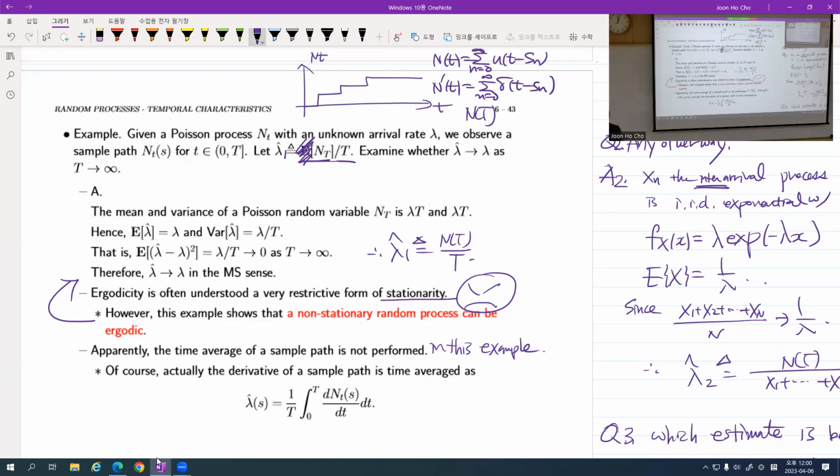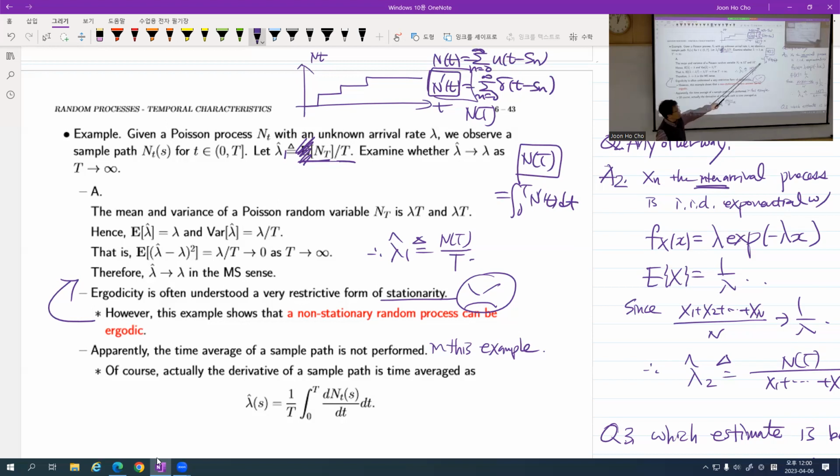So N of t can actually be written as the integration of N prime of t. If you integrate N prime of t, then you have N of t. So actually, what we do is convert our observation to an equivalent random observation, and we use a time average.